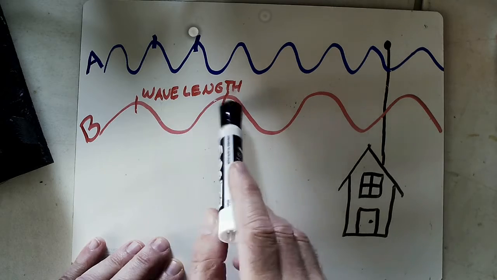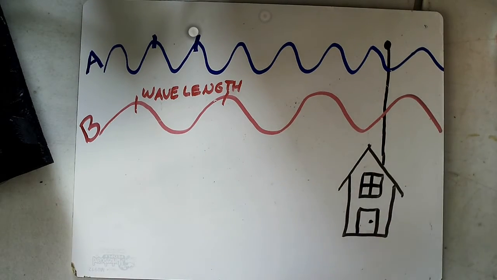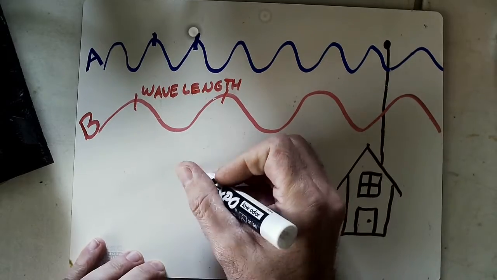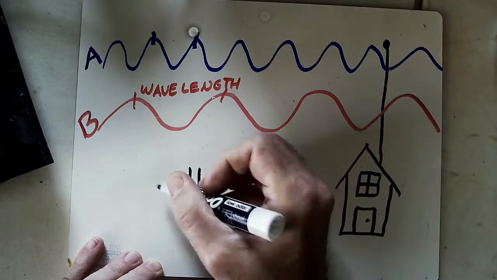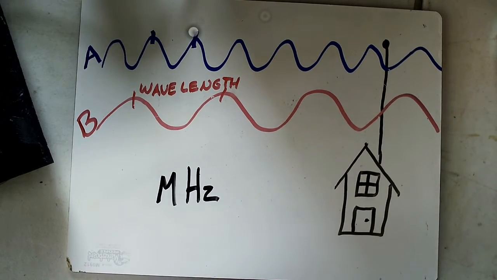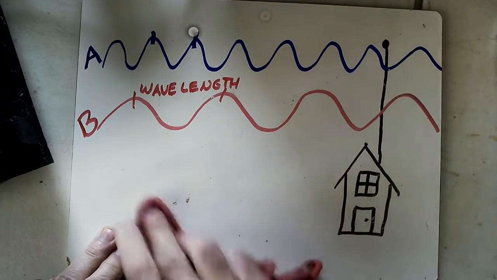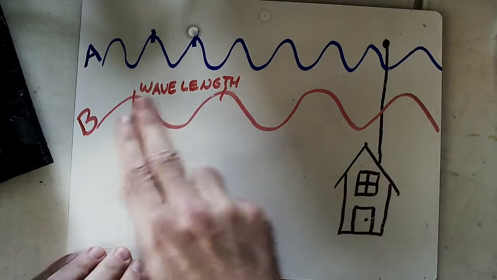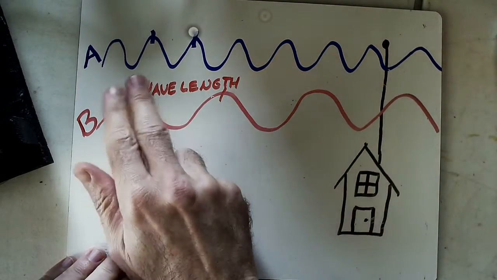So the bigger the wavelength, the lower the frequency. And frequency, again, is measured in hertz. If you look on your radio, it'll say hertz. Sometimes it'll say megahertz, depending on how many crests we're talking about.